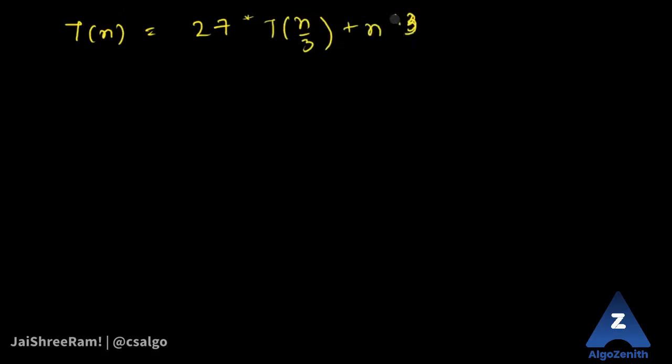So this is the recursive step, and the other part, the non-recursive part, takes you order n cubed. So how do you find the time complexity for this?